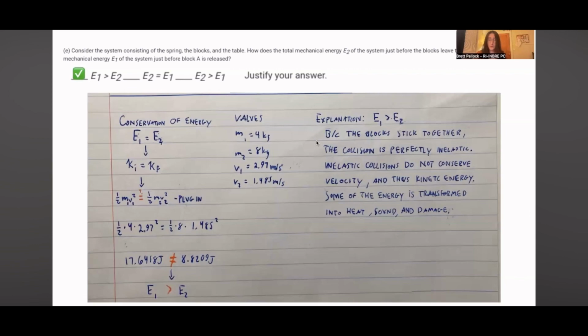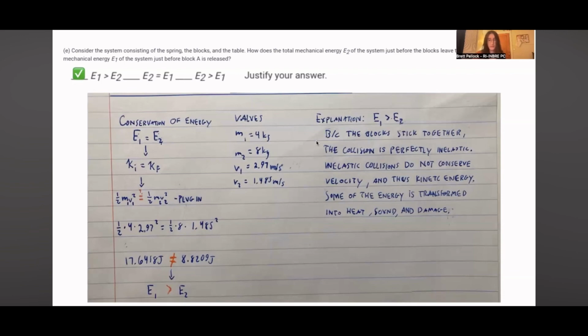For V1, the first velocity, just immediately after block A has been pushed and released by the spring, it will have all of its spring energy converted to kinetic energy and thus velocity.